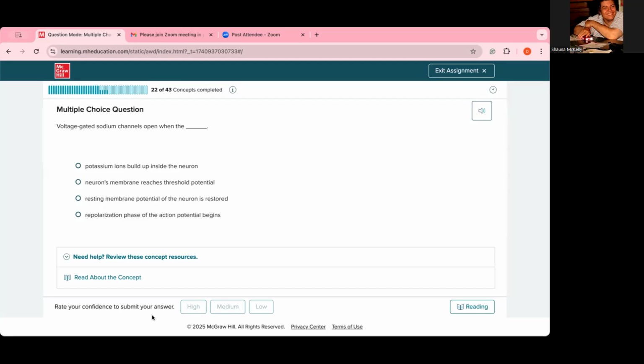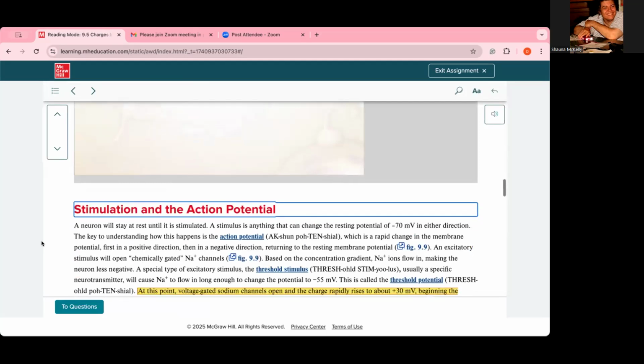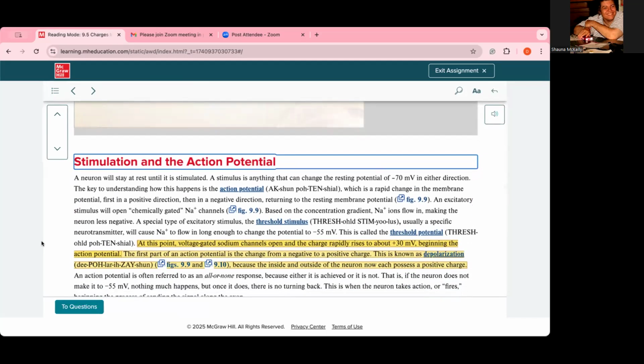Okay, voltage gated sodium channels. Let's read about it and see what it says. Okay, at this point, voltage gated sodium channels open. So let me read a little bit about action potentials. A neuron will stay at rest until it is stimulated.